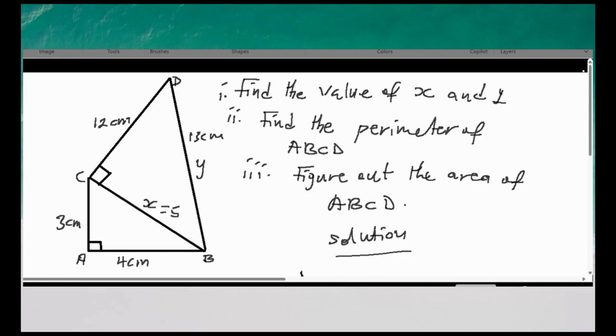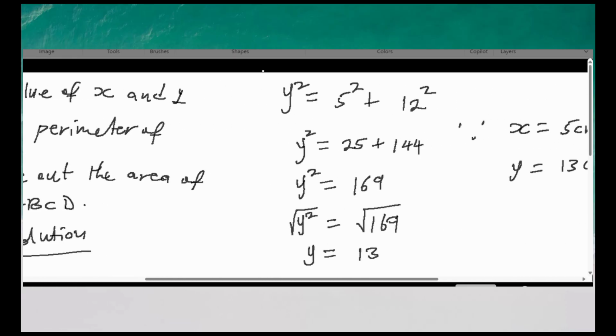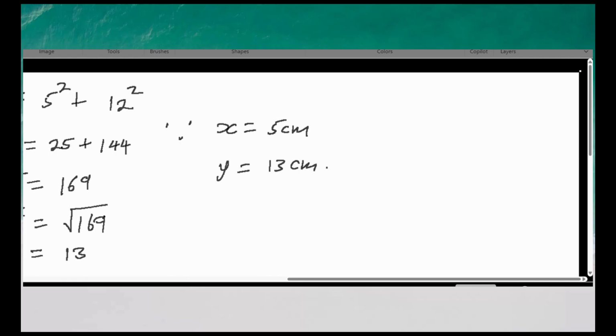Okay, so let us do the computation. Area of a triangle is equal to half base times height.